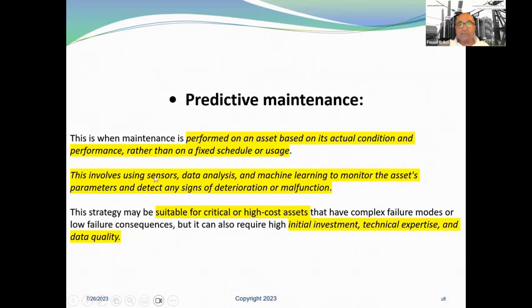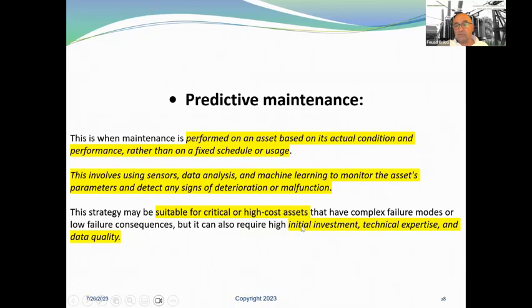This involves using sensors, data analysis, and machine learning to monitor the asset's parameters and detect any signs of deterioration or malfunctions. This strategy may be suitable for critical or high-cost assets that have complex failure modes or low failure consequences, but it can also require high initial investment, technical expertise, and data quality.